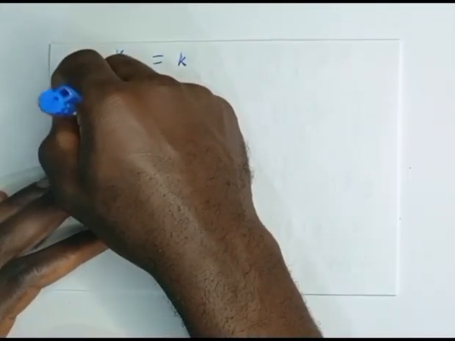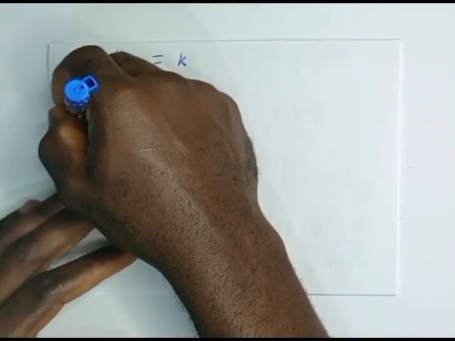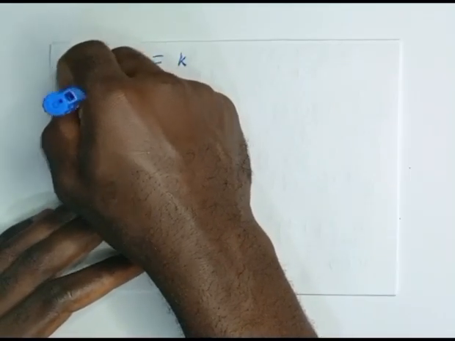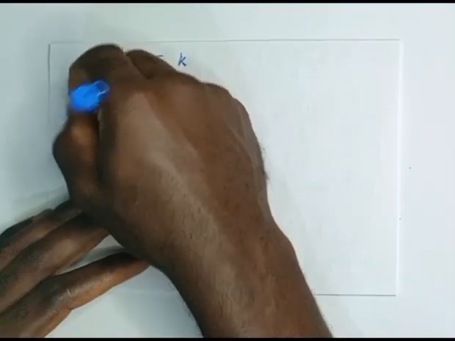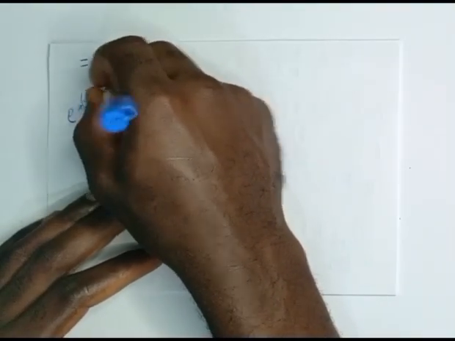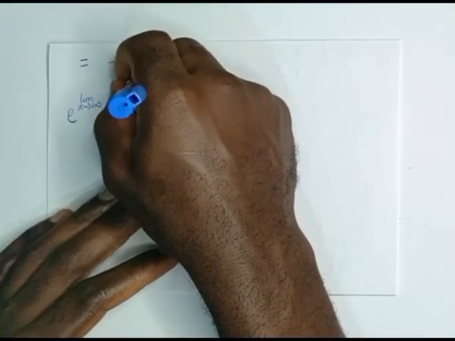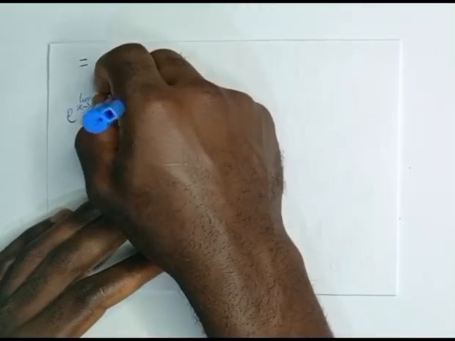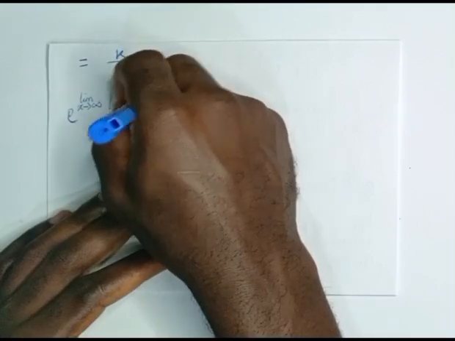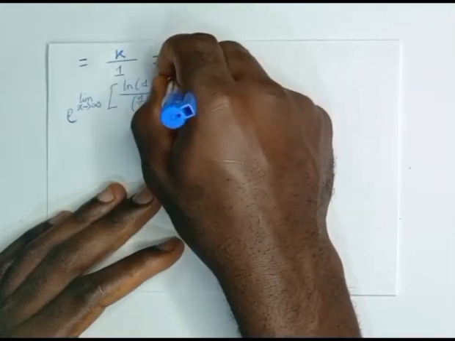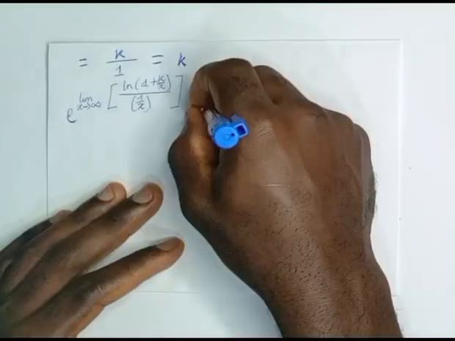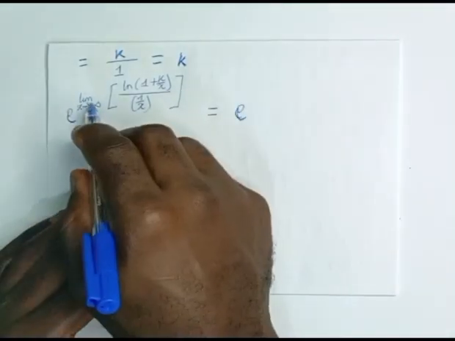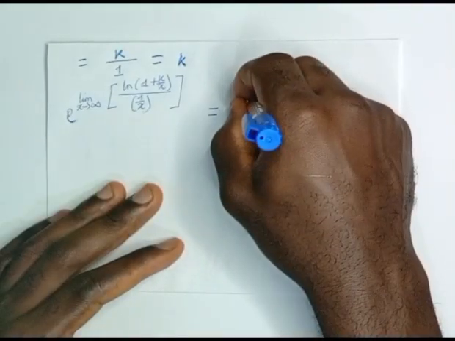e raised to the power the limit as x tends to infinity of the ln of 1 plus k over x all over 1 over x is simply equal to e raised to the power, this limit gives us k, e raised to the power k.